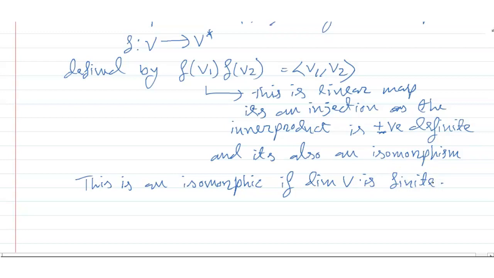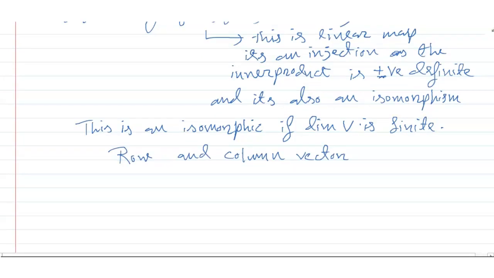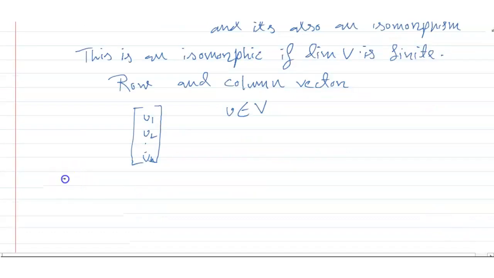We are talking about row and column vectors or matrices. After choosing a basis, v belonging to V can be written as a column vector. Likewise, alpha belonging to V star can be written as a row vector.